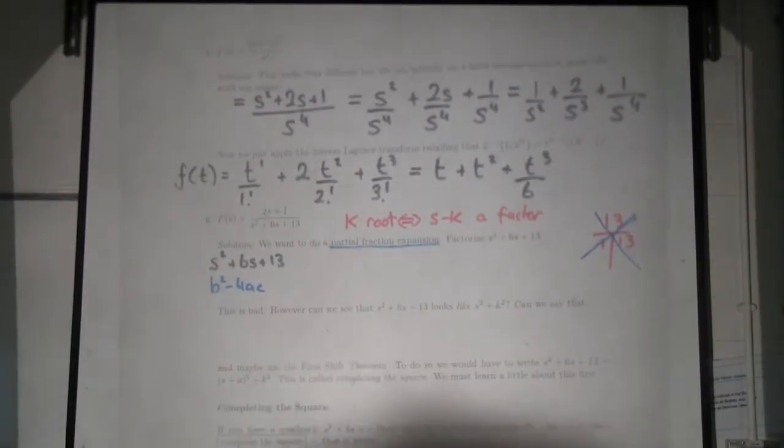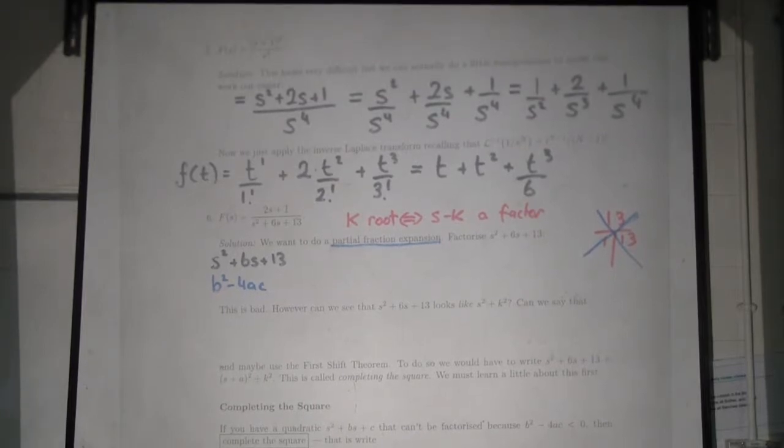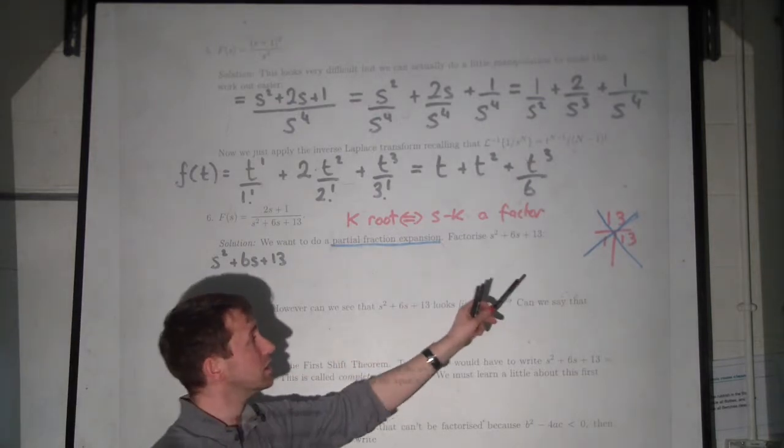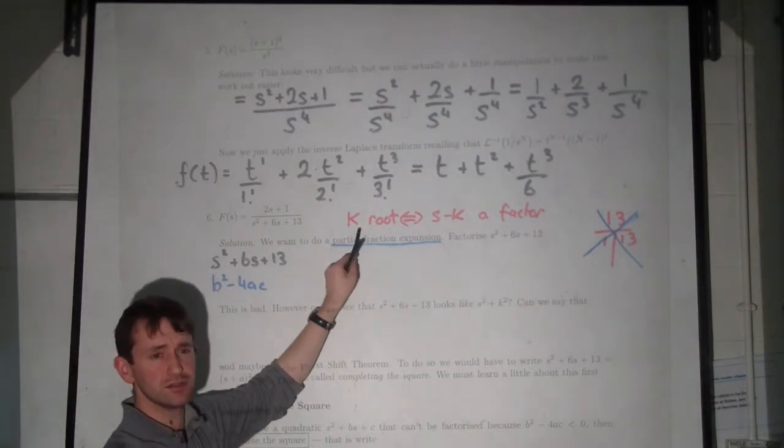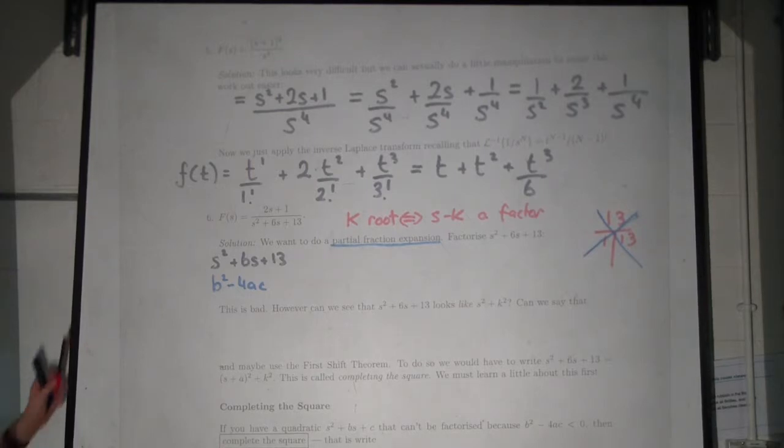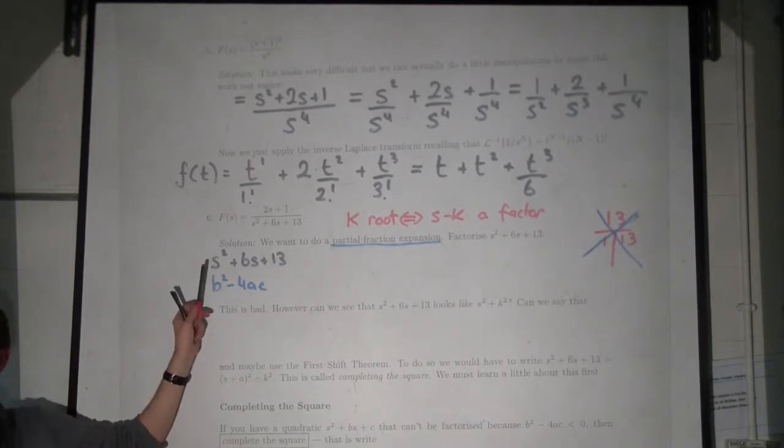So if you can find a root, if you can solve it equal to 0, you automatically have a factor. So this AC method is not working, so we can try instead to find the roots, and the roots would be solving this equal to 0.